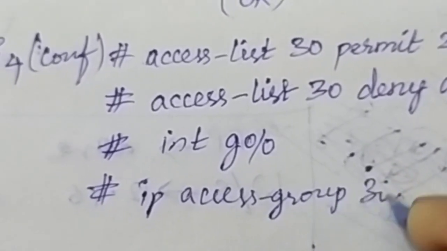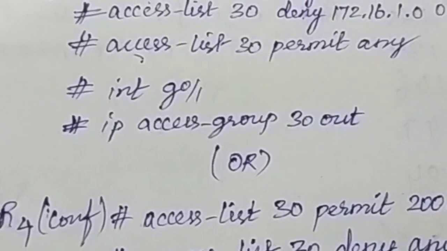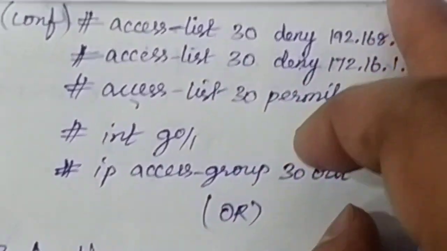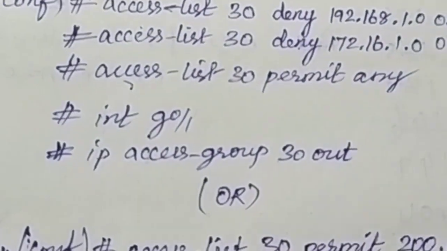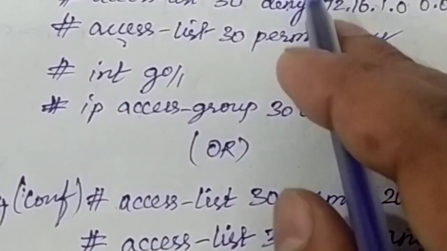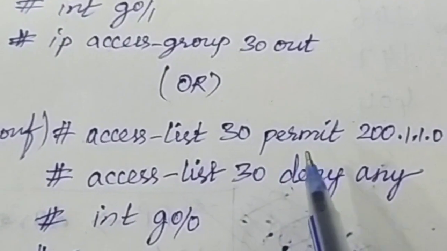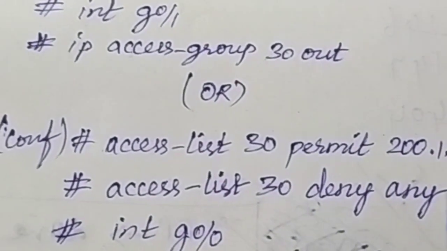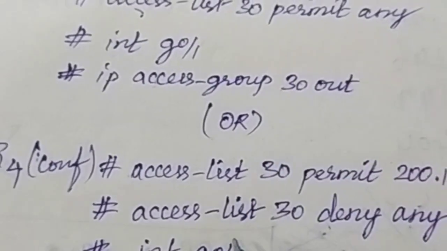Access group 30 out. So in these two ways you can do. If the destination is same, then we use this type of commands. Here we are giving deny for both networks, then permitting. Here you are giving permission to one network and other than that network will be denied. So you can use either type.